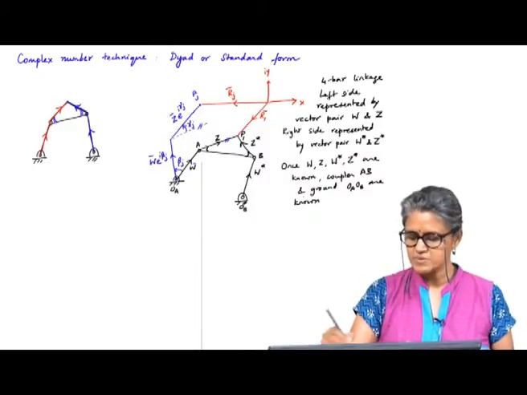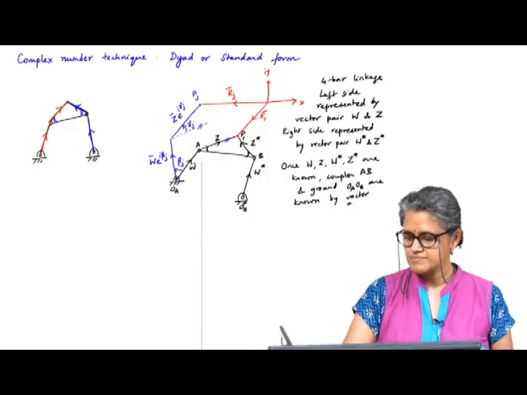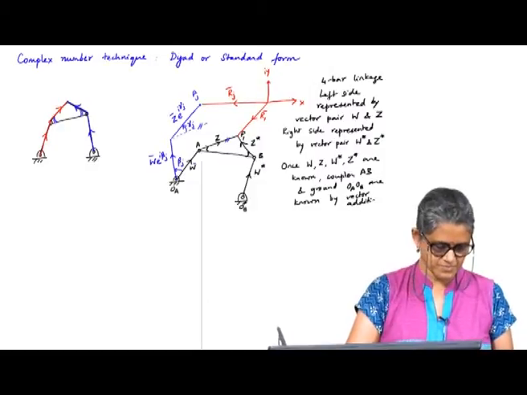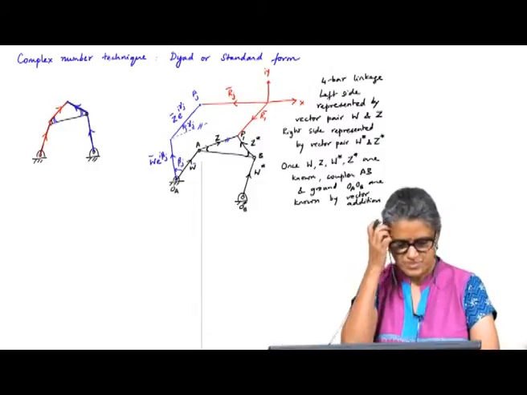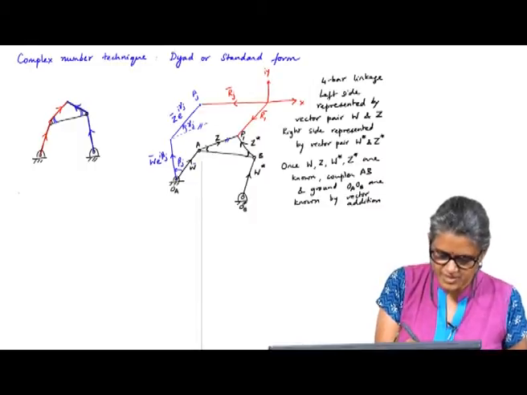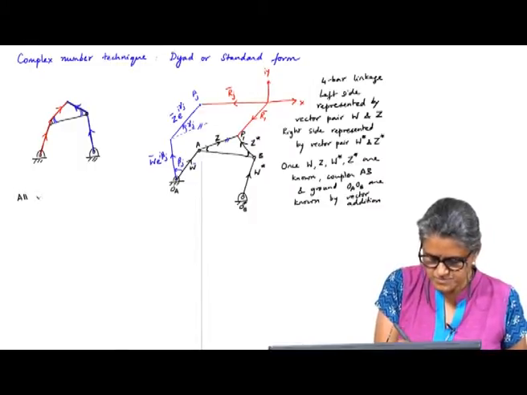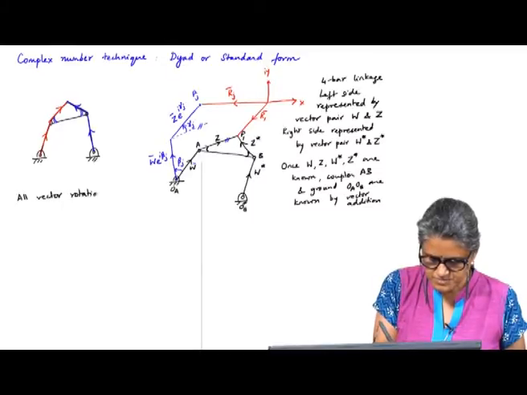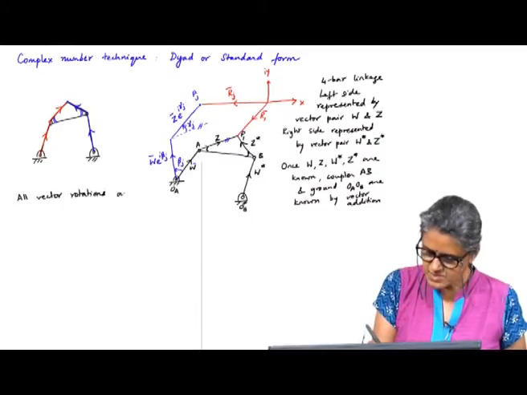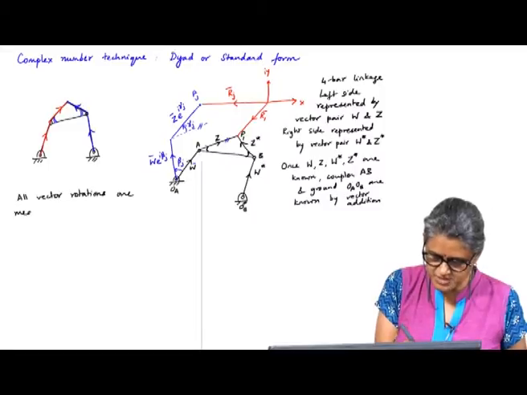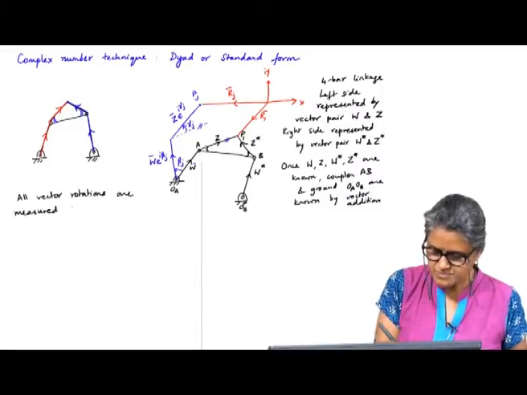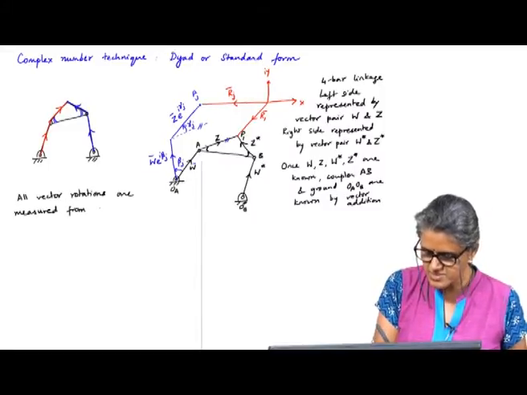I can find it from the loop closure. So, all vector rotations are measured from the starting position, positive counterclockwise.